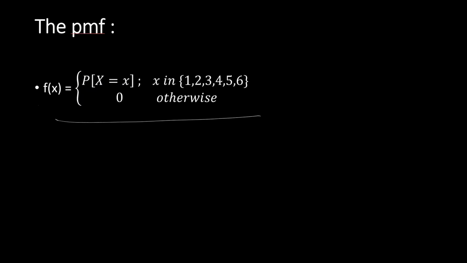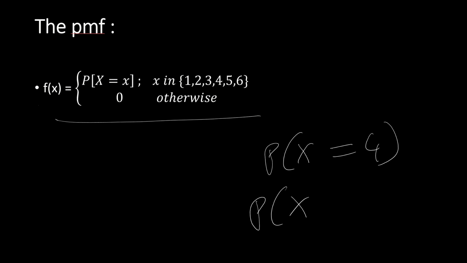Now if you want to go further, we can solve questions like: what's the probability that x is equal to 4? You just pick that probability. What's the probability that x is greater than 6?